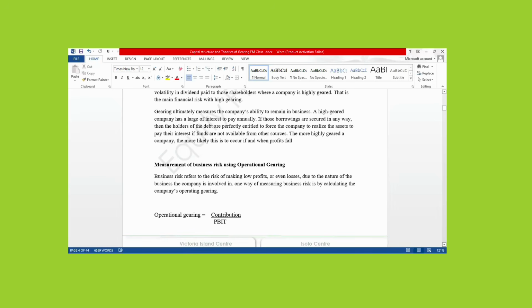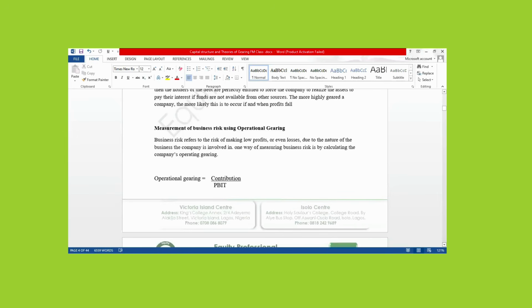What is business risk? Recall, this is the risk of making a low profit or incurring losses due to the nature of the business the company is involved in. Operating gearing is used to measure business risk.